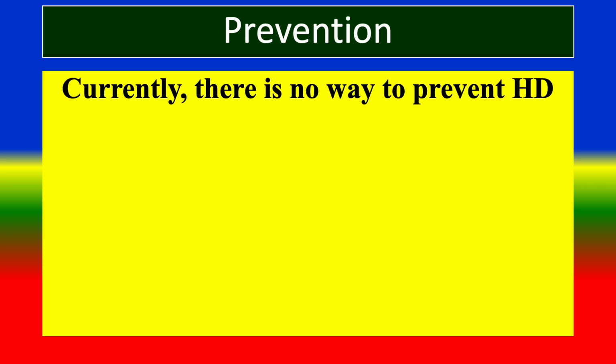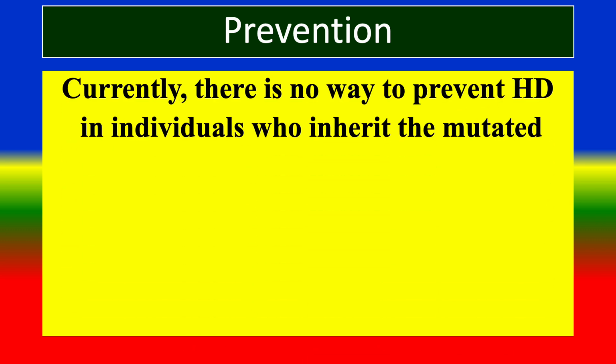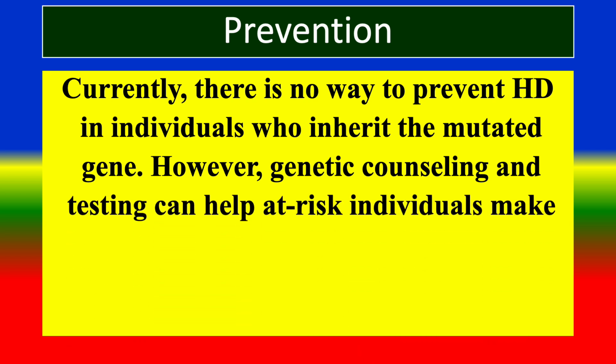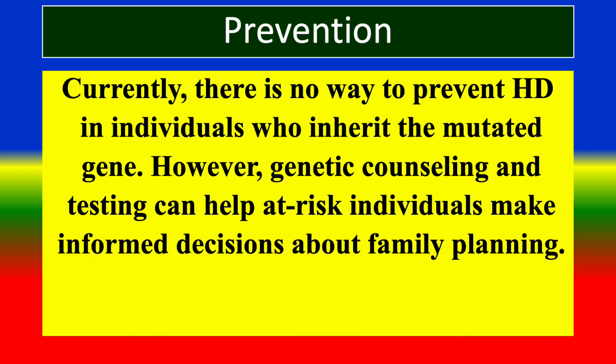Prevention. Currently, there is no way to prevent HD in individuals who inherit the mutated gene. However, genetic counseling and testing can help at-risk individuals make informed decisions about family planning.